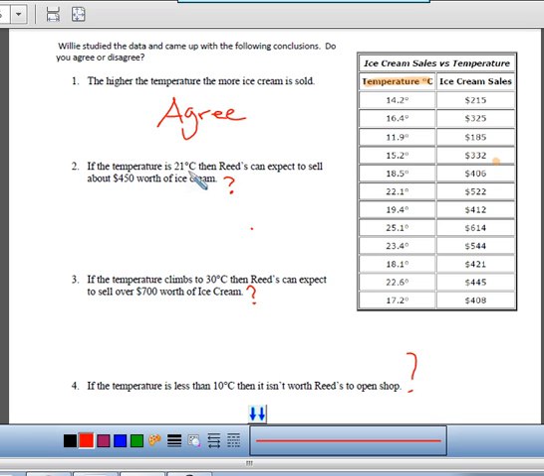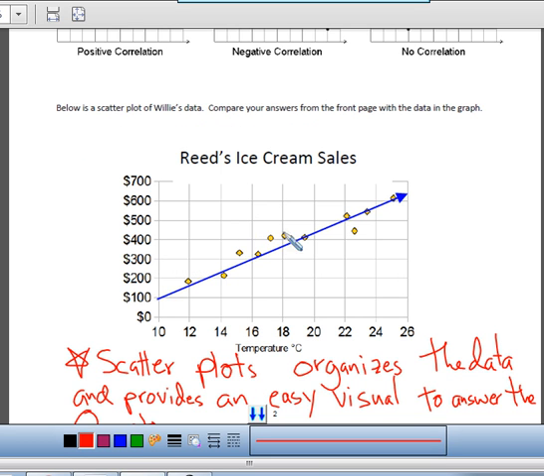So if the temperature is 21 degrees Celsius, then Reed's can expect to sell about $450 worth of ice cream. So if I look at this graph, 21 is here in between. And by the way, this is a positive correlation.